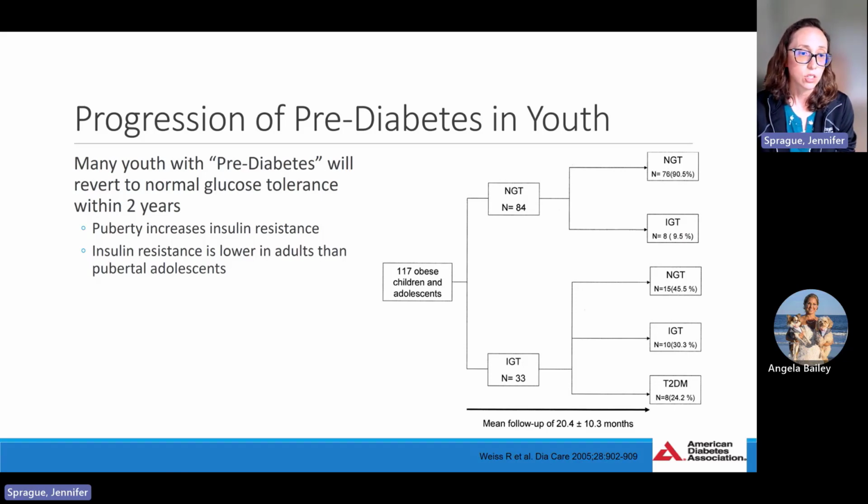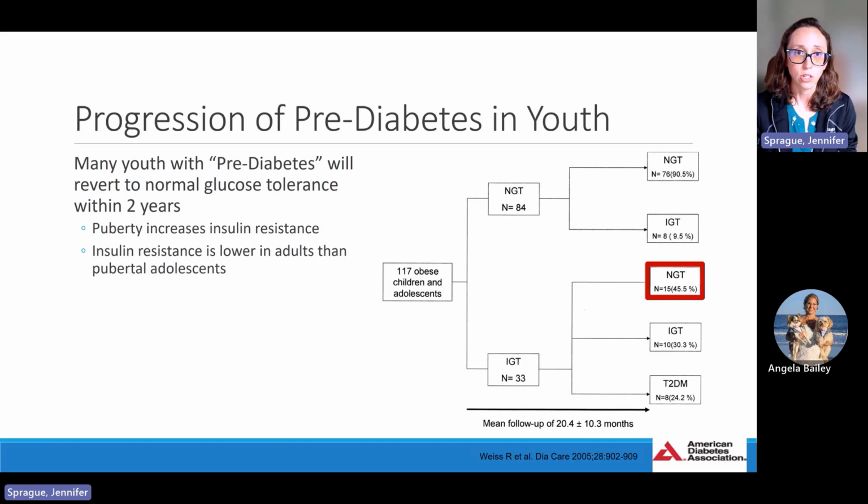They followed these kids over an average of 20 months, and they saw 45% went back to normal glucose tolerance, and 24% progressed to having type 2 diabetes. So a large portion of this population will either normalize their dysglycemia or stay within the prediabetes range. That's encouraging that not everybody's going to get diabetes, at least not in the short term.